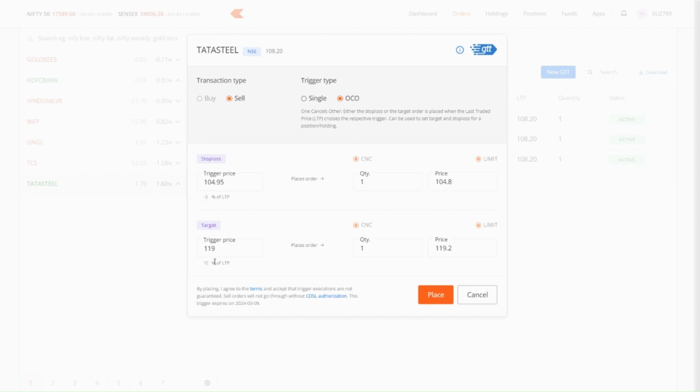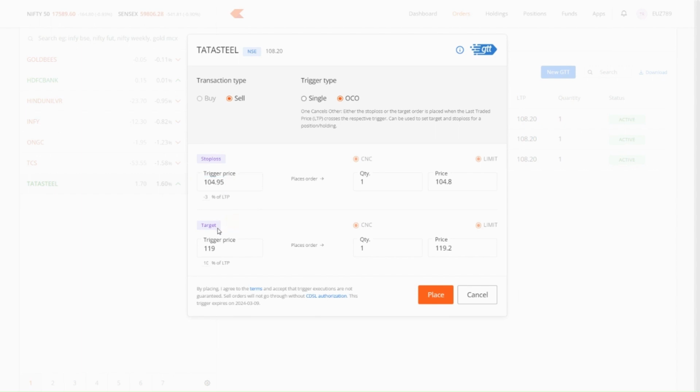So it means, friends, there are two orders created for the same GTT. The interesting feature is that, let's say your target is reached and the trigger at 119 gets executed. Once your target is executed, the stop loss order is automatically cancelled. Conversely, let's say your stop loss order gets hit and your order is executed, triggered at 104.95.